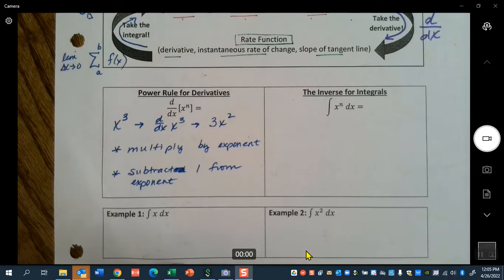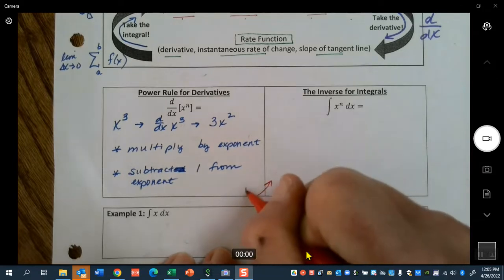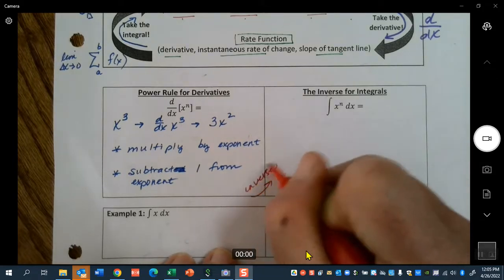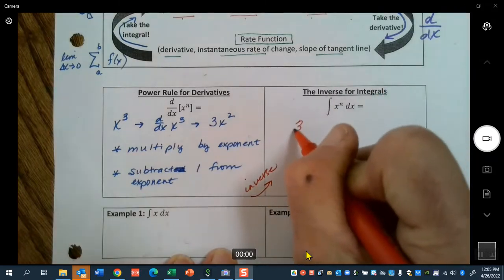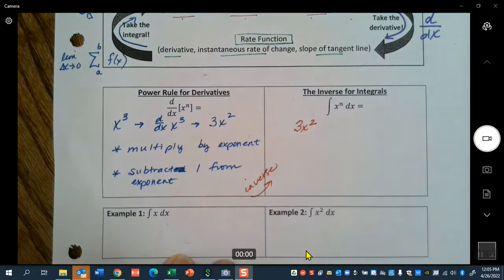Well, now when it's time to do the inverse, we're going to talk about finding the integral. So we're going to start with 3x squared, and then move into finding that integral.